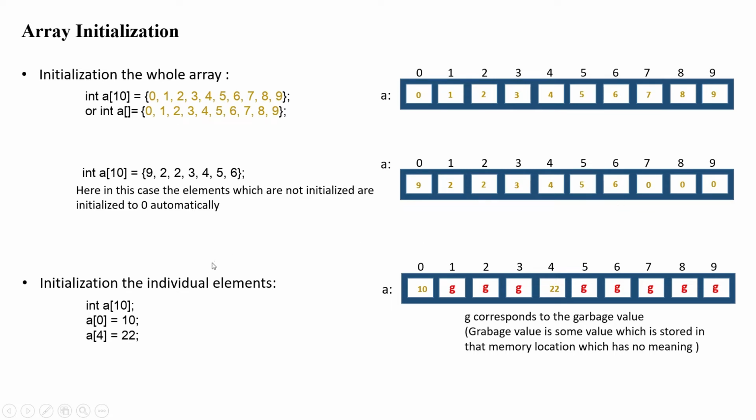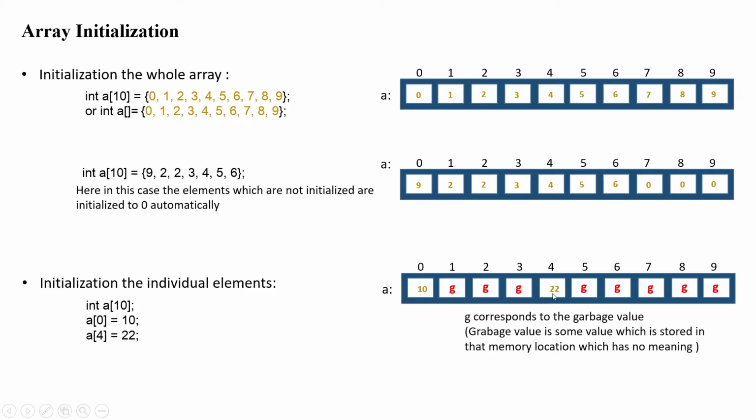To initialize individual elements, we know how to access them: the variable name, and in square brackets we enter the index number. Suppose this is the array, a of 0 is equal to 10. This will initialize a of 0 to 10, and a of 4 is equal to 22 means it will initialize a of 4 to 22.